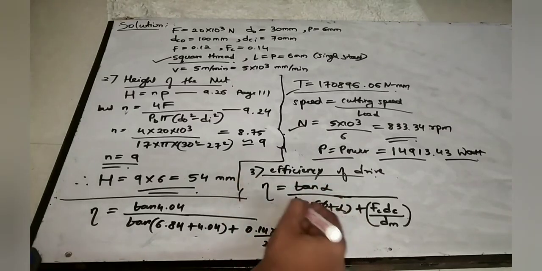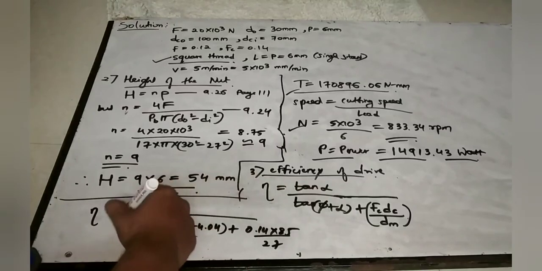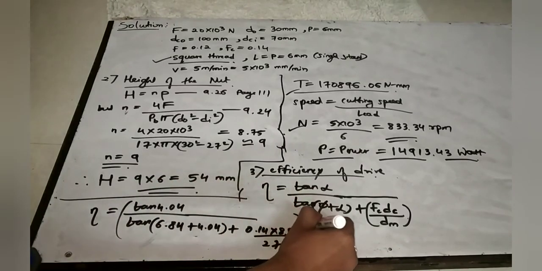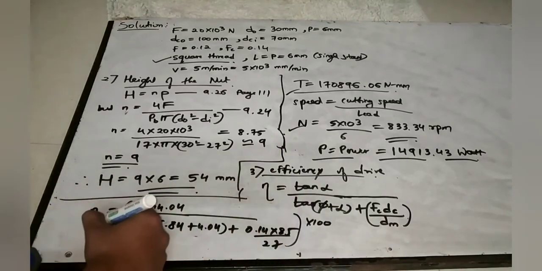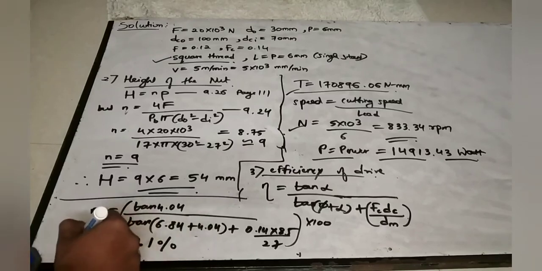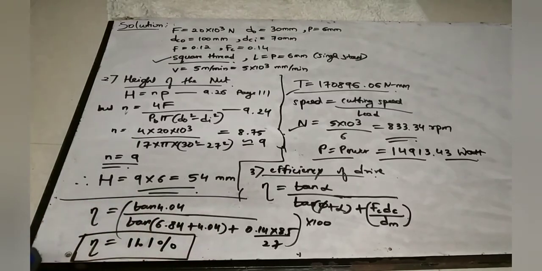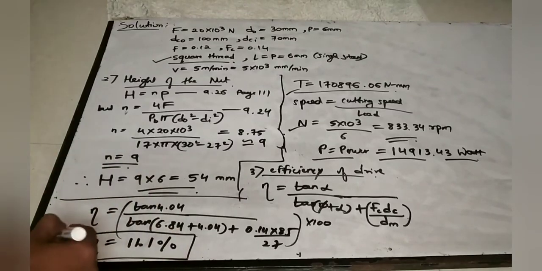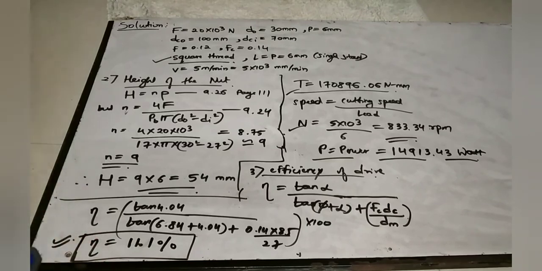Correct? So this entire term is all multiplied by 100. So efficiency will be 11.1%. So this is the efficiency of a power screw. So this is the answer. Fine. Efficiency of a power screw. Clear? Yes, thank you students.